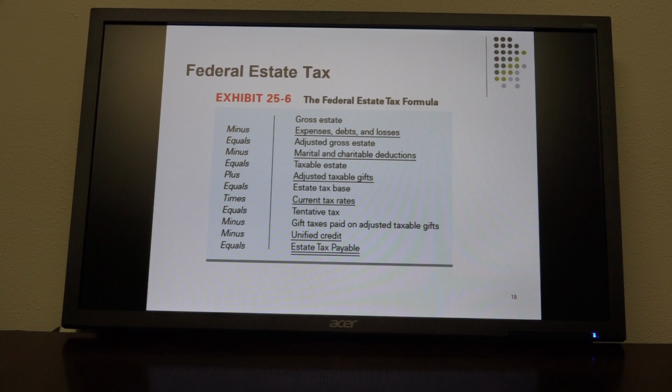We'll talk about some other things that are included in the gross estate in a minute, but just to give you the formula: gross estate minus expenses, debts, and losses. It costs money to administer the estate of the decedent. It costs money to sell property, pay expenses, and pay debts of the decedent at the time of death.